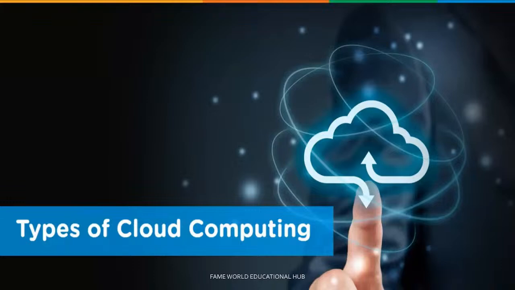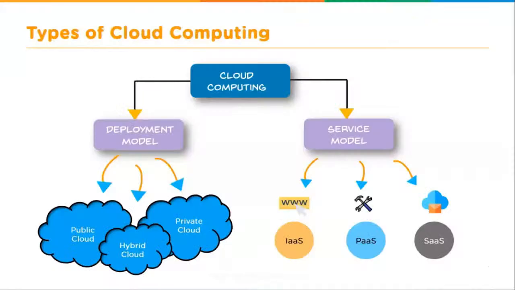Now let's move further and get an understanding of the types of cloud computing. I hope whatever I have discussed till now is clear. We can categorize the different types of cloud computing based on two wide categories.